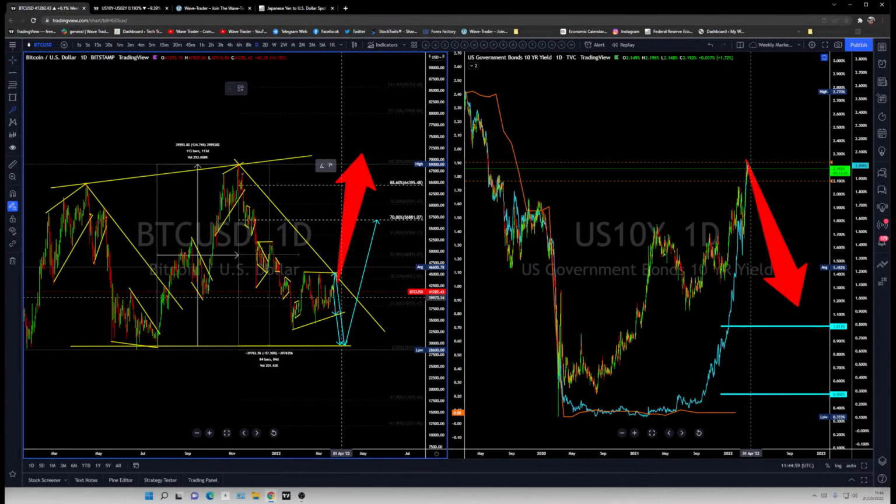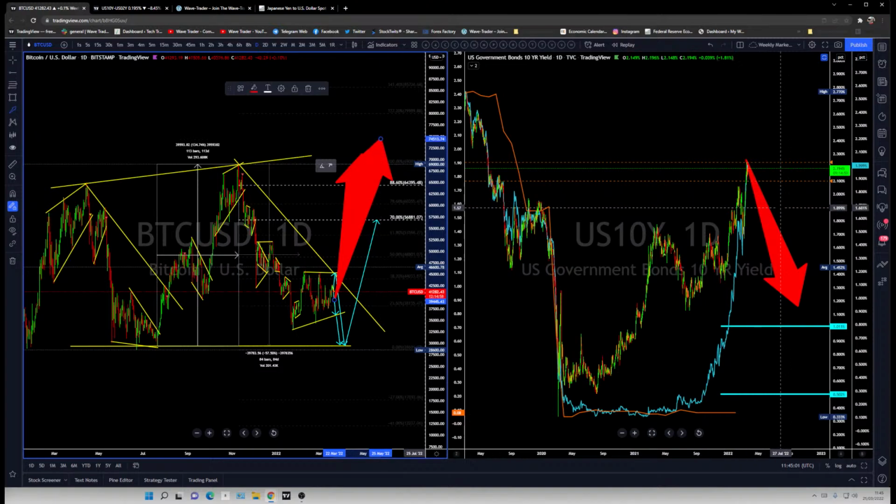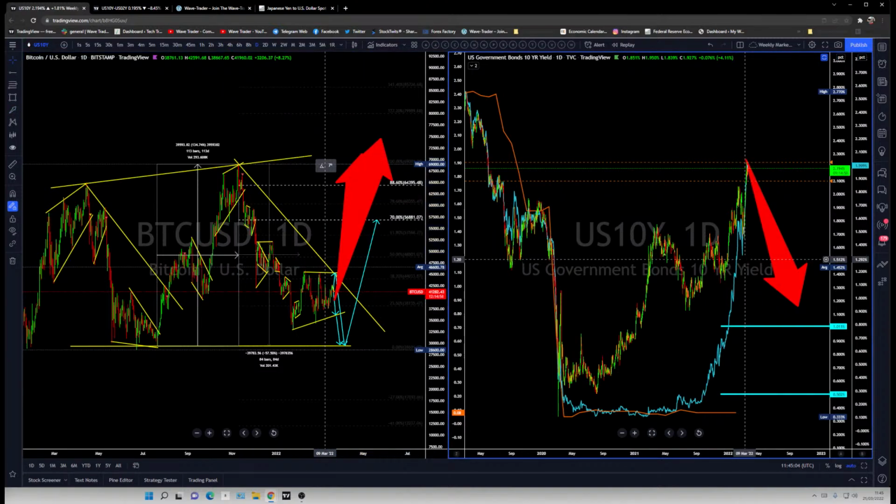So until the Fed is fighting inflation, raising the interest rate, bringing the balance sheet down, it means they are taking liquidity away from the market. When the Fed is taking liquidity away from the market, trying to fight inflation, the assets which are inflationary hedges can struggle to continue their trend for more upside. So that's telling us that we may see a sideways market.